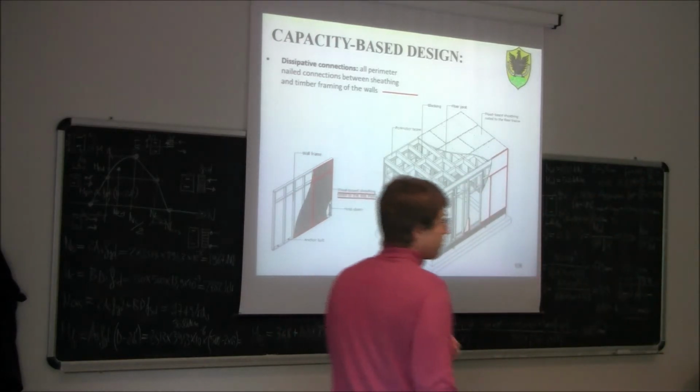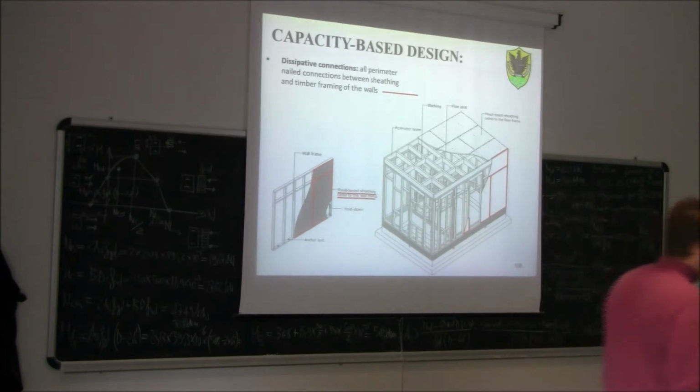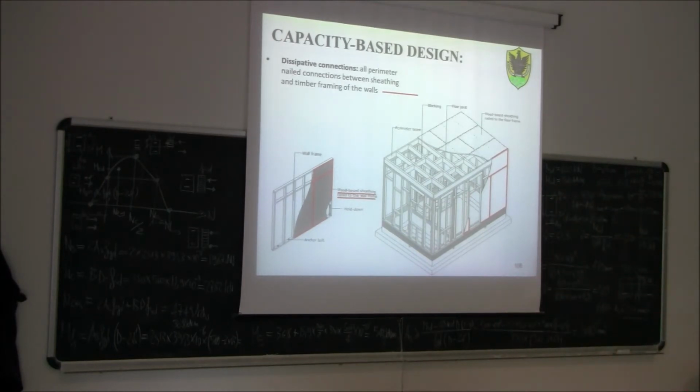Meaning that when we calculate the seismic forces using the design spectrum, which is given by the elastic spectrum divided by the q factor, that in this case is equal to 5, those forces will be used only to design those connections, while all other members will have to be designed for the overstrength of those connections.